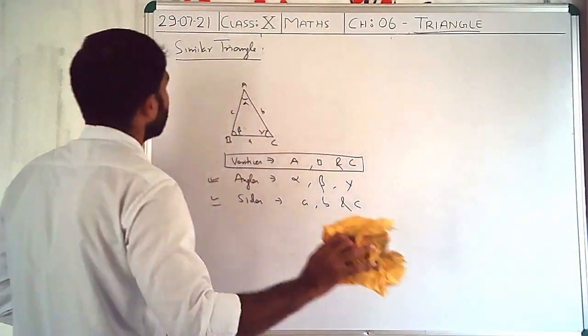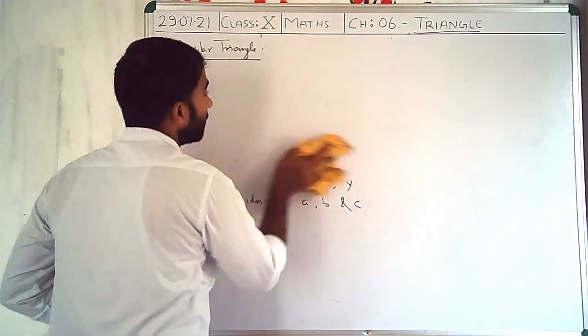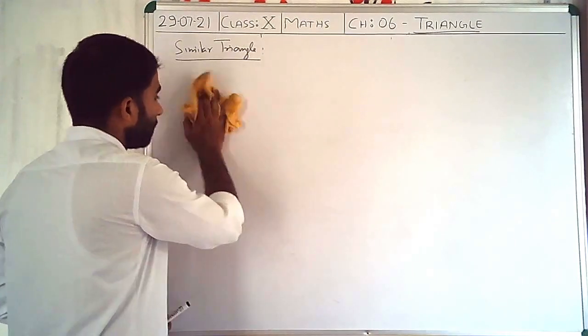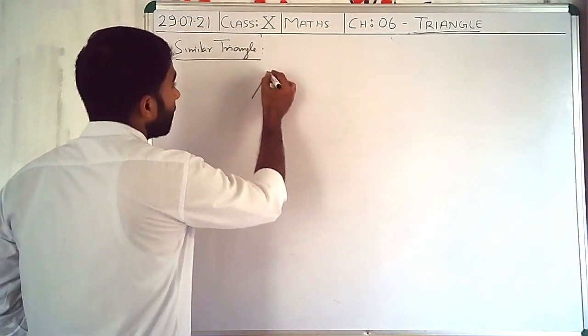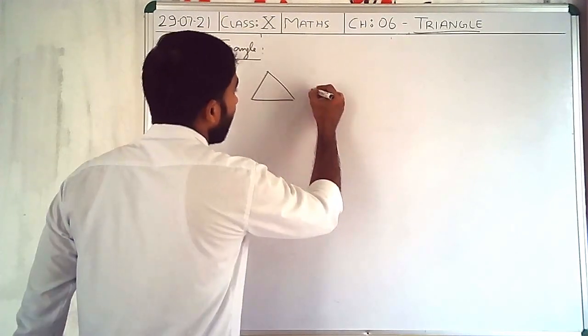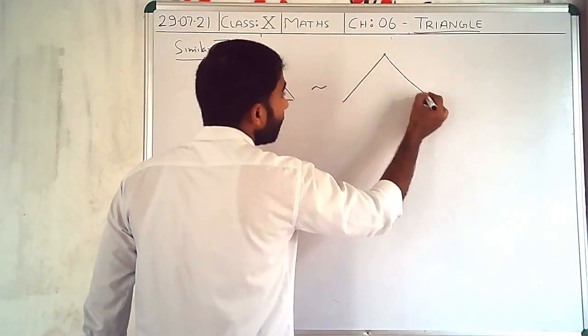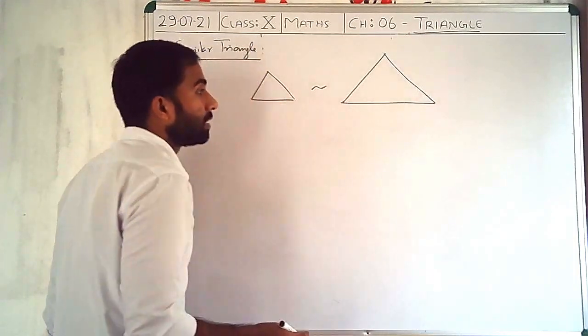Okay, now we are talking about similar triangles. When two triangles are said to be similar, there are two statements.